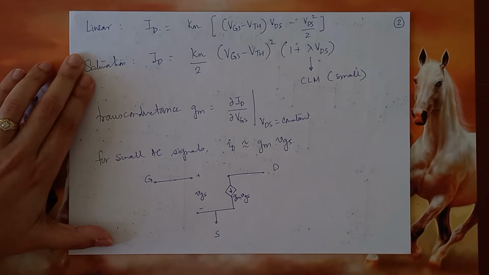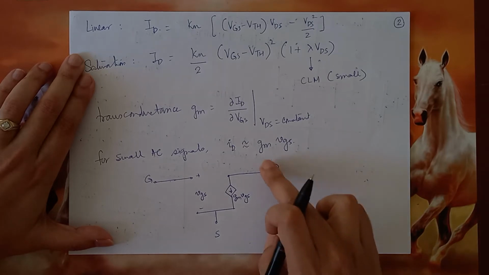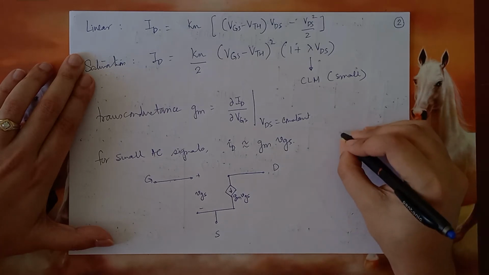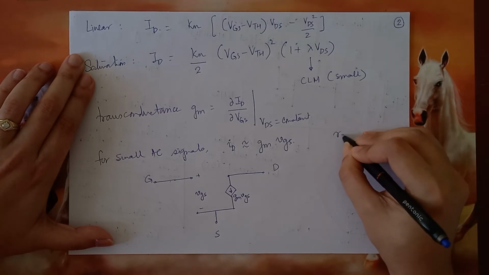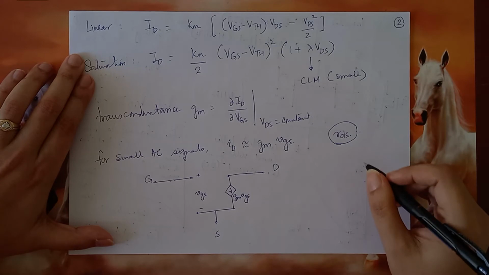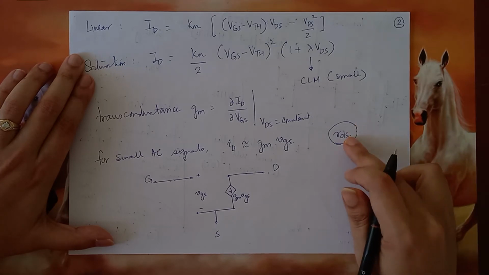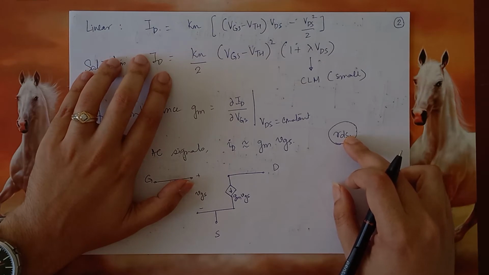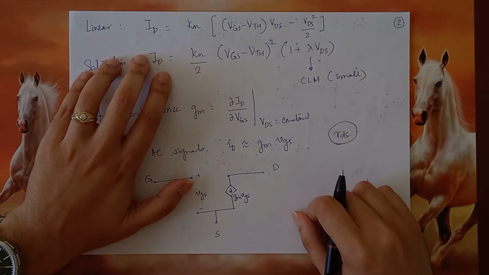Now in the saturation region, as I said, between the drain and the source there is a very high resistance, also called the channel resistance or the drain to source resistance. So this RDS can be defined as the ratio between the change in drain to source voltage and the change in drain current.